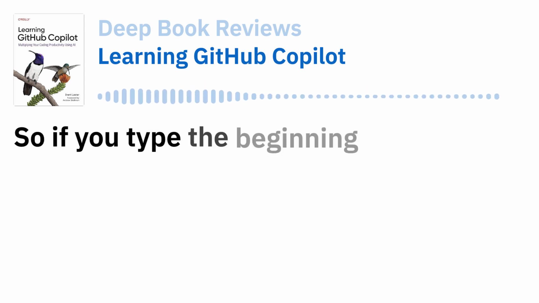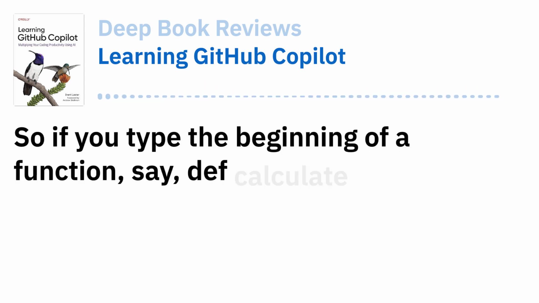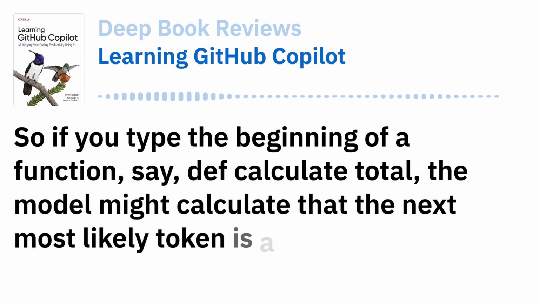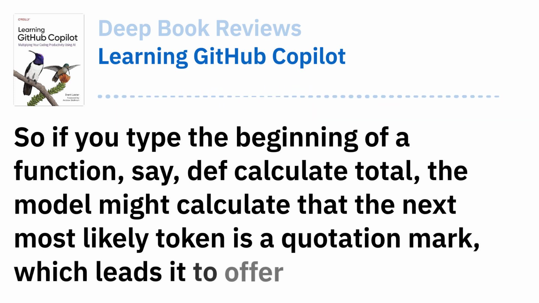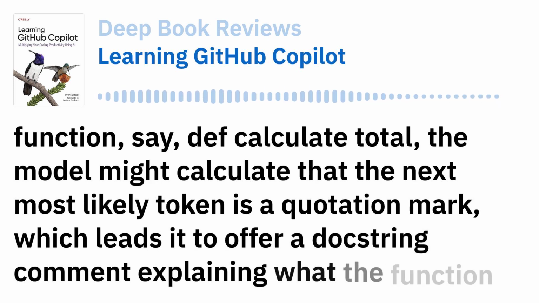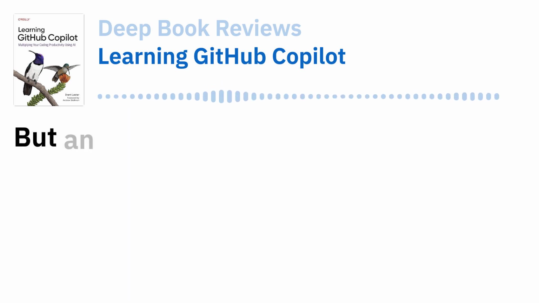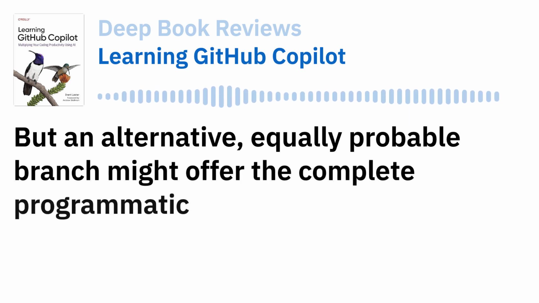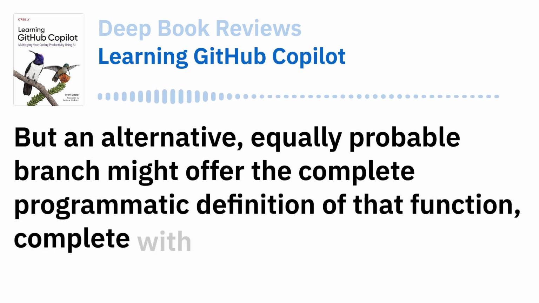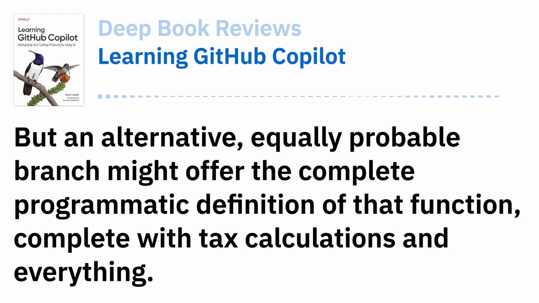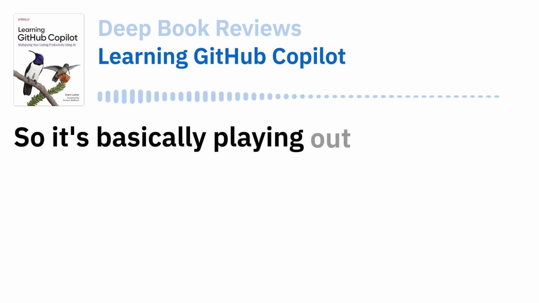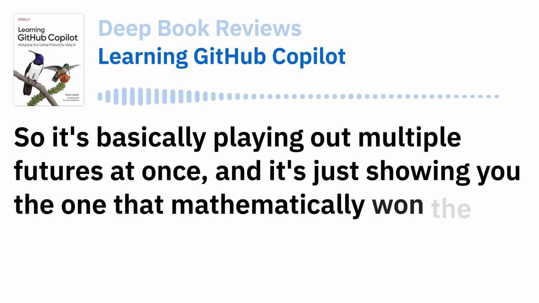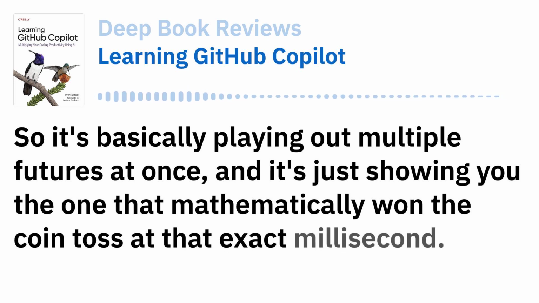If you type at the beginning of a function, say def calculate_total, the model might calculate that the next most likely token is a quotation mark, which leads it to offer a docstring comment explaining what the function could do. But an alternative, equally probable branch might offer the complete programmatic definition of that function, complete with tax calculations and everything. I see. So it's basically playing out multiple futures at once, and it's just showing you the one that mathematically won the coin toss at that exact millisecond. Exactly.